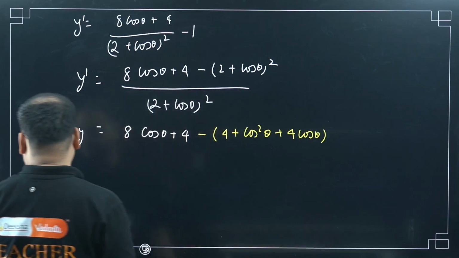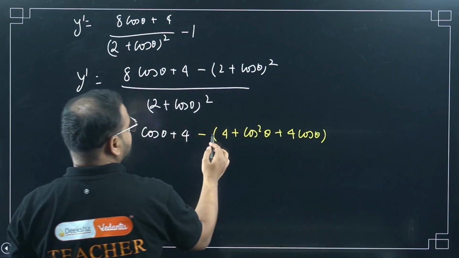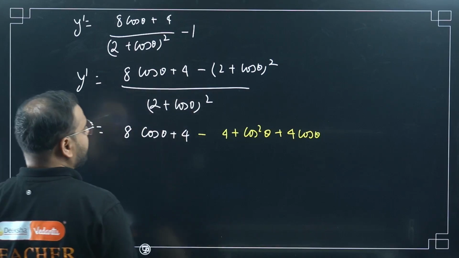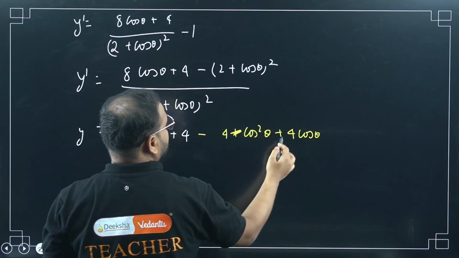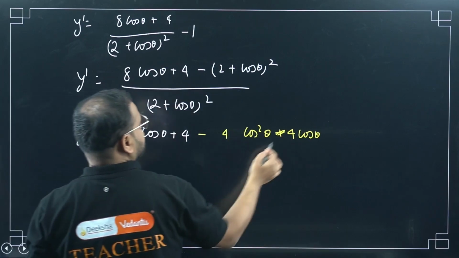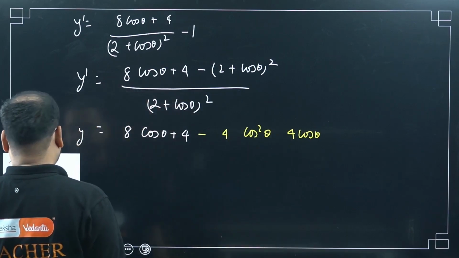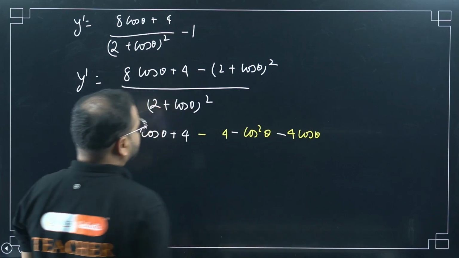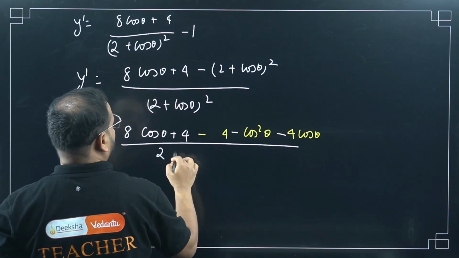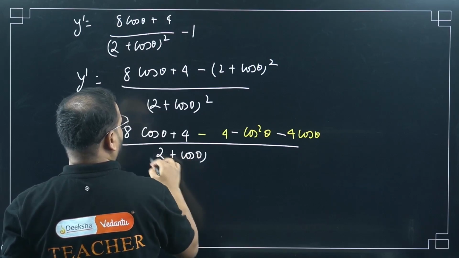Okay, now please check here. I can simply change the sign because of this minus sign outside. This will be minus, this will also be minus, this will also be minus. Please understand. So I can rewrite this sign as negative, minus and minus. Because of this minus sign outside, please check here, 2 plus cos theta the whole square.